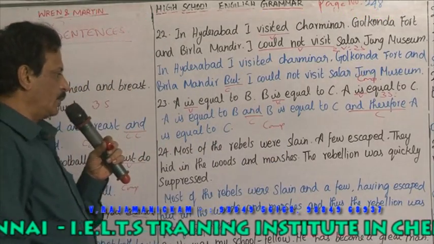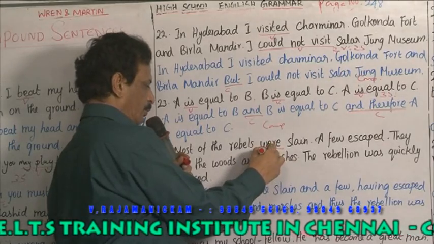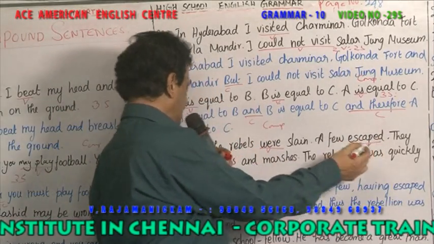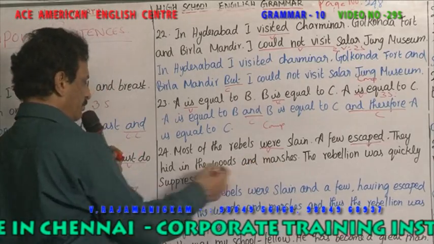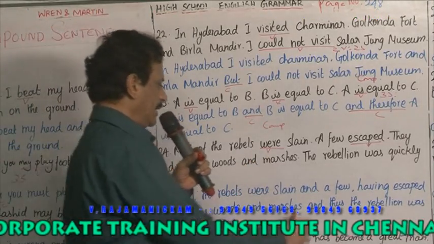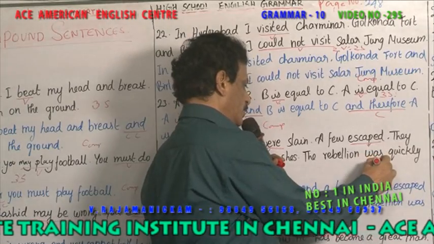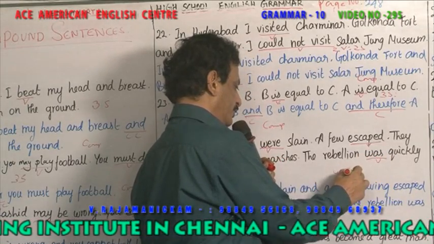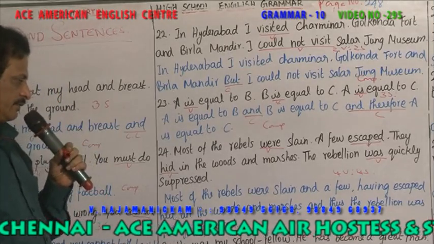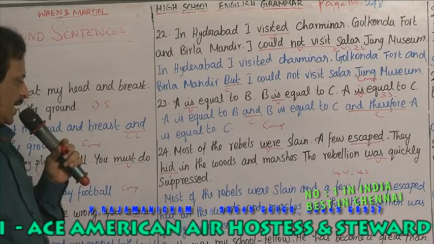Most of the rebels were slain, were killed. So were is a verb. A few escaped. Escaped is a verb. So two sentences. They hid in the woods and marshes. Hid is a verb. Three sentences. The rebellion was quickly suppressed. So four verbs and four simple sentences. How do you connect all four simple sentences using and?